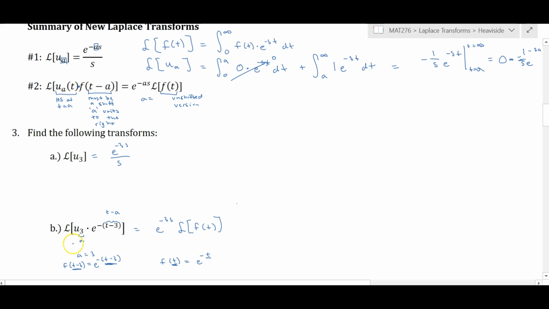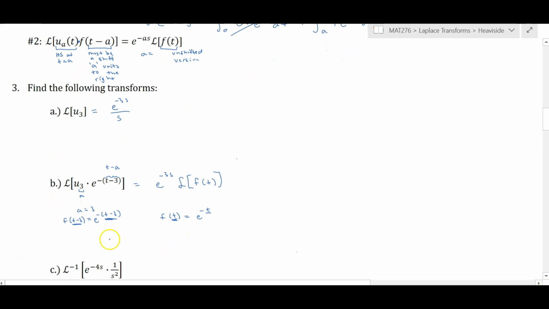E to the negative t minus 3 is shifted to the right 3 units. E to the negative t is not shifted at all. That is exactly where it should be at the origin. So this one would be shifted 3 units to the right and then decay, but this is the unshifted. Basically what you have to do is unshift the function and replace the shifted portion with just t.